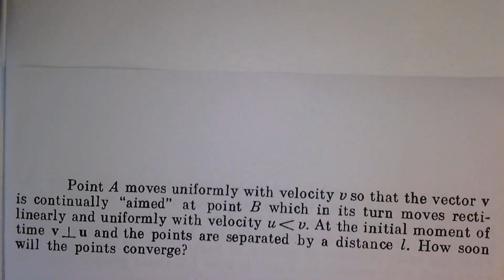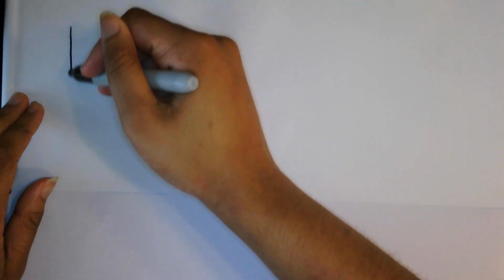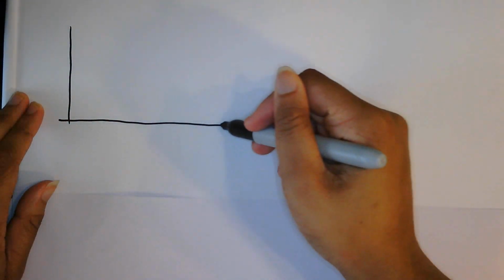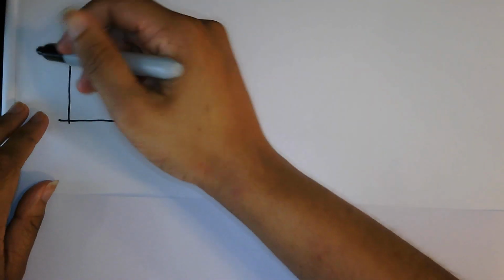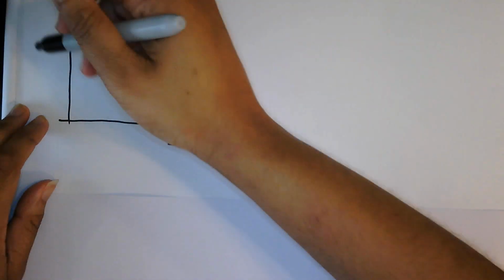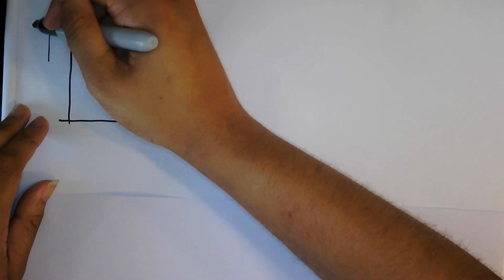So I'll first draw that 2D plane. We can use an XY plane. But here, X and Y don't necessarily mean horizontal and vertical. They're just perpendicular to each other. So this is the X direction and this is the Y direction.